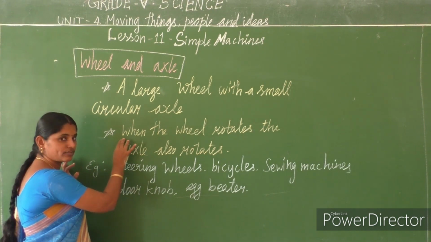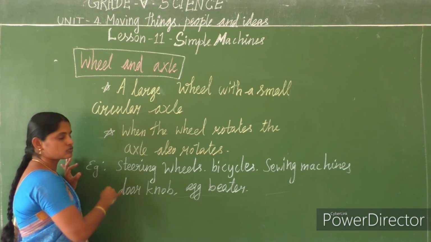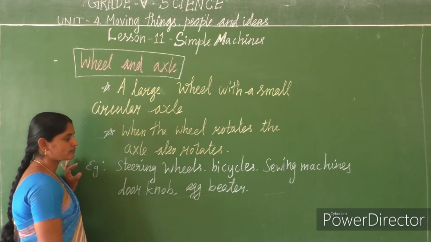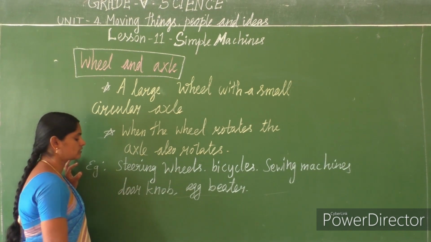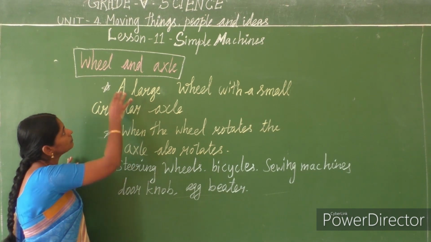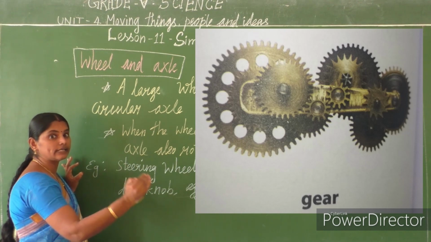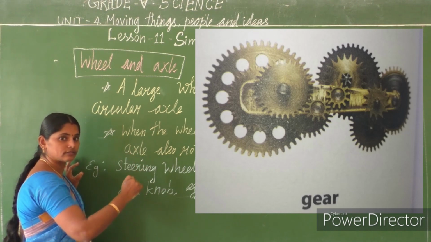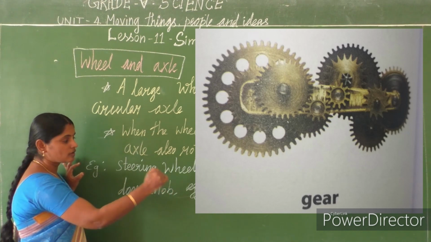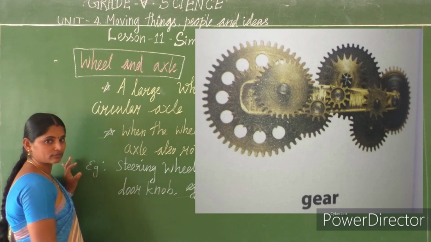When the wheel starts rotating, the axle also rotates. Steering wheels, bicycle, sewing machine, doorknob, egg beater are the best examples for wheel and axle. In the gears, like 7 gears or 6 gears on a bicycle, if you notice, the wheel and axle structure will be there also, okay.